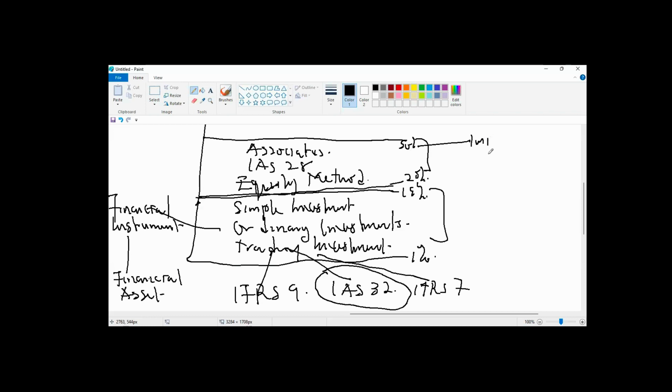When associate impairment to loan to associates, how is it treated? Dividend paid by associates.